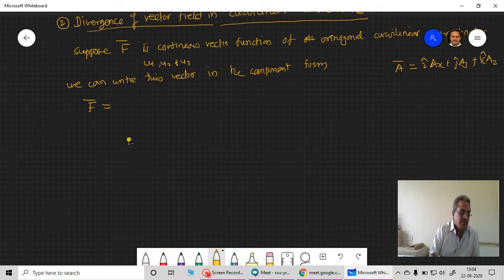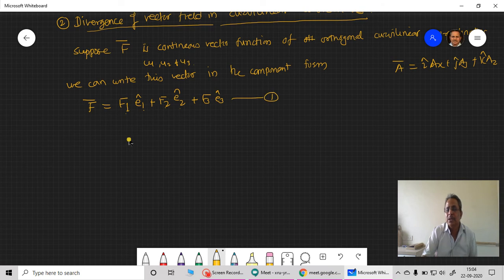F bar is equal to F1, its first component along the first direction, into e1 cap, plus F2, the component of this vector in the second direction, multiplied by e2 cap. So this is scalar, this is vector, and the third thing is now F3 into e3 cap. This is my equation 1. Component, unit vector; here also unit vector in the three different directions, component first, component 2 and component 3. This is my F bar.